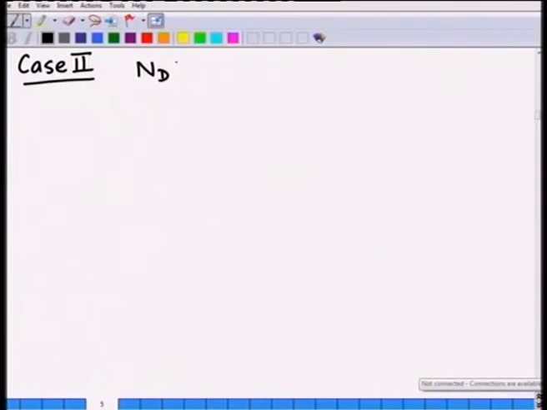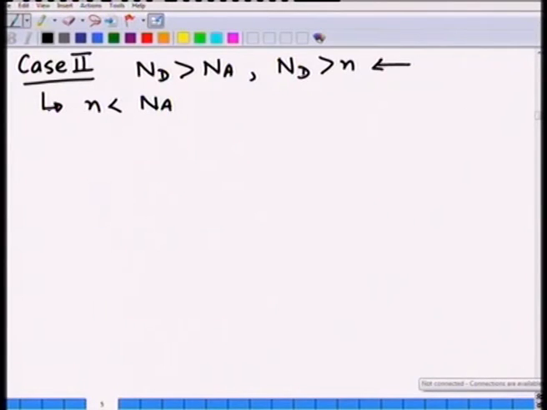So, let us write down all these. Nd greater than Na, that is given, and Nd greater than N, this is understood already, and case 2 is basically where N is less than Na, or much less than, when we want to make the approximation.